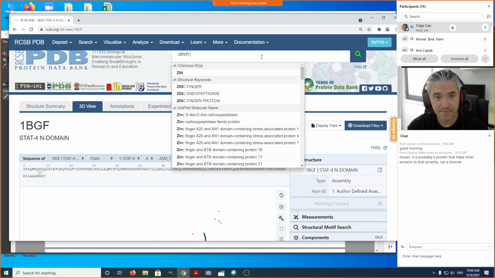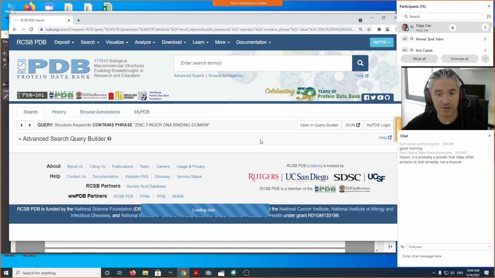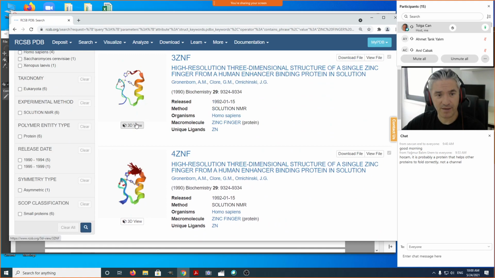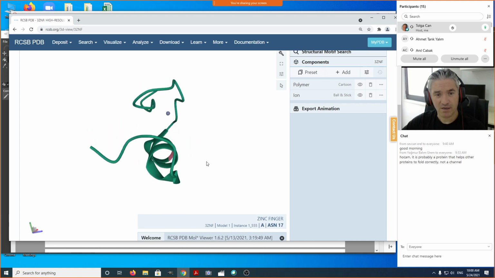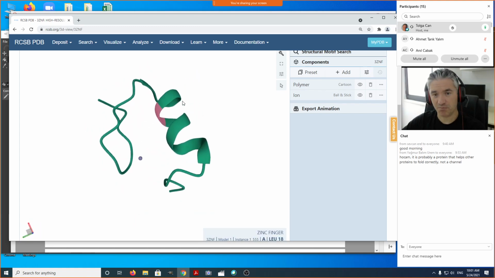Zinc finger DNA binding domain. We're just looking at the domain here this time. It's very short, as you can see. This is like a finger of a protein.